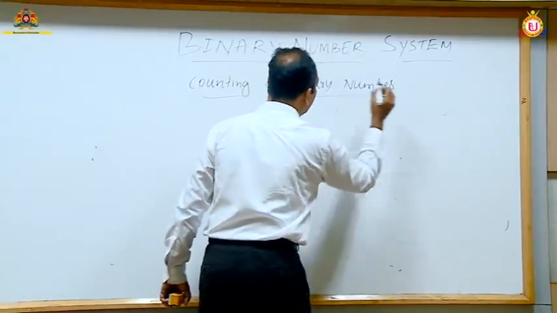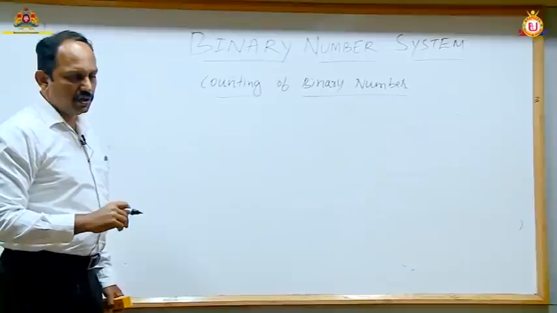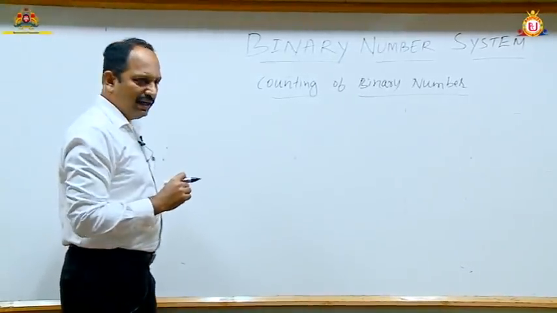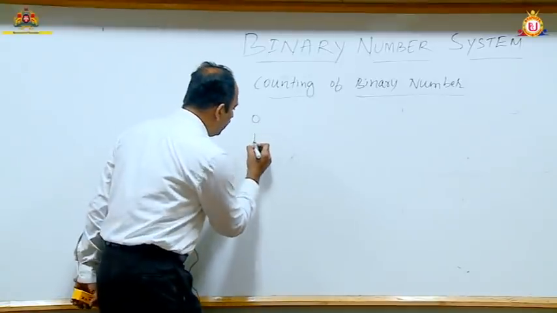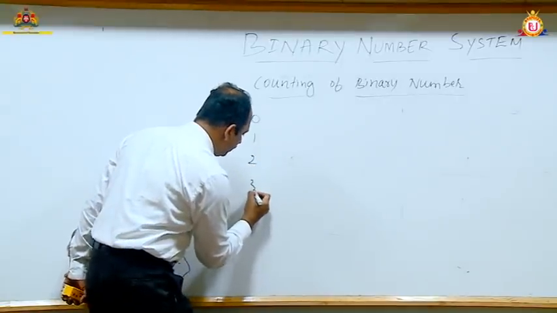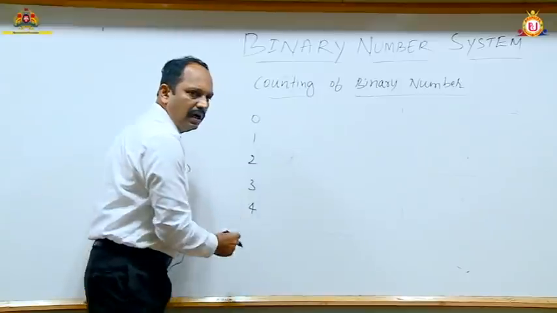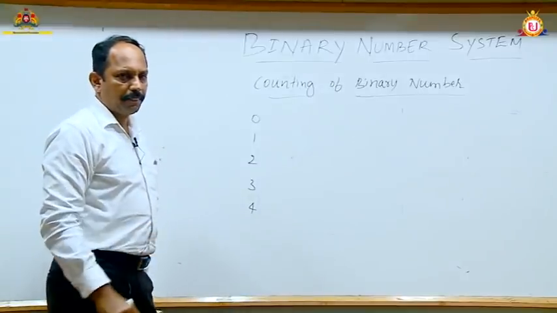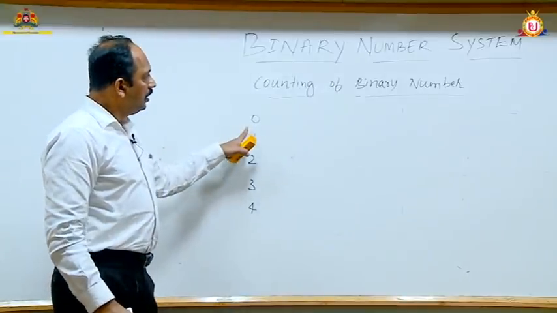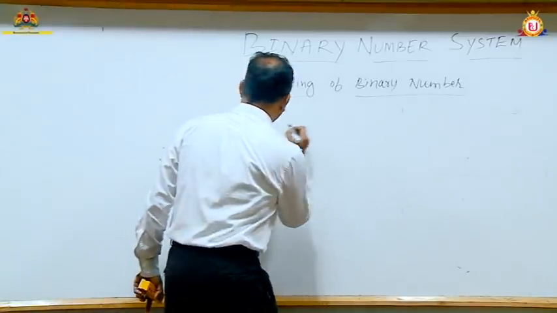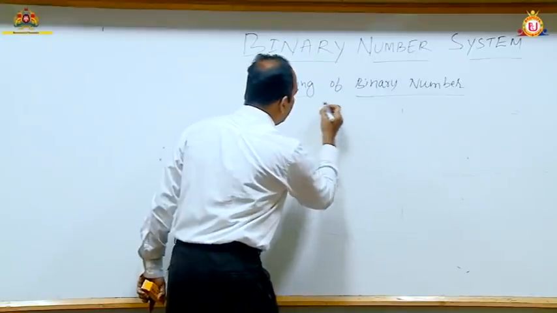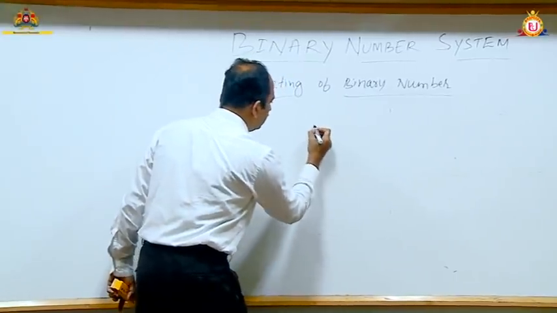To explain the counting of binary numbers, first I am taking the decimal numbers: 0, 1, 2, 3, 4 and so on. In binary, how is it counted? I am giving the counting of binary here.